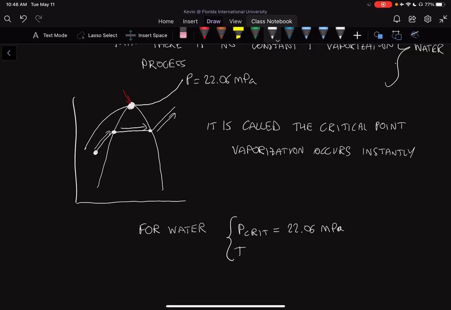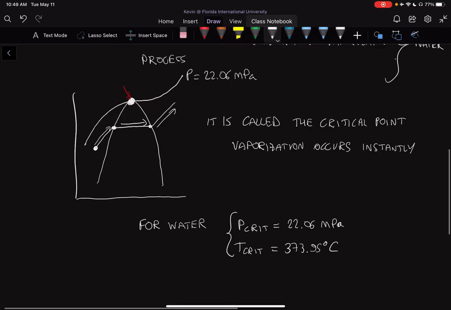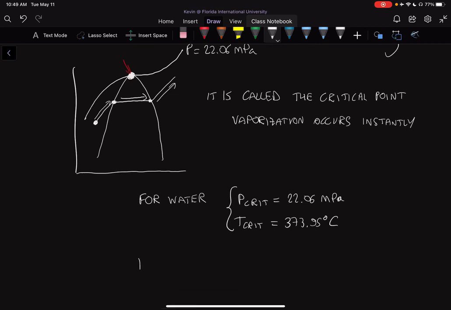And the critical temperature at which the vaporization occurs at 22.06 megapascals is 373.95 degrees Celsius.